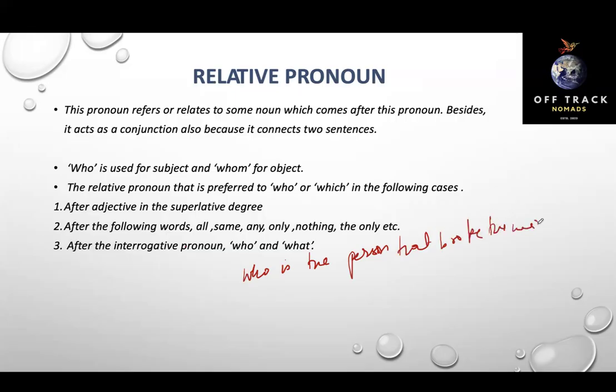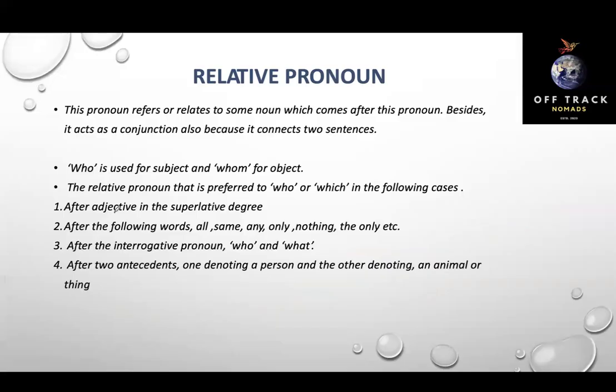Or I can say, what is it that you want to say? Okay, with what also I can use that as a pronoun instead of using a relative pronoun. Let's see more examples here.